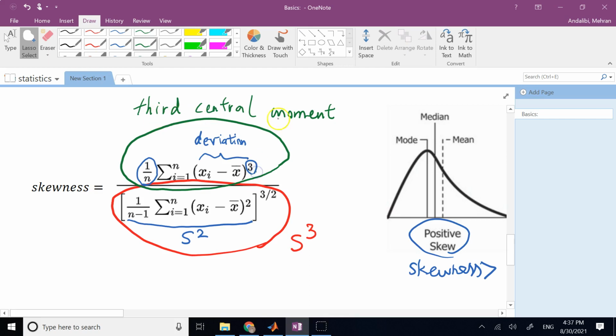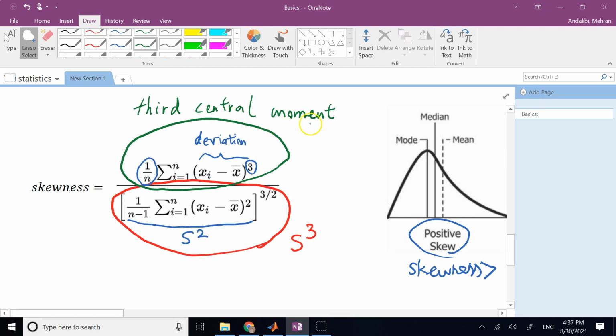So if it's 3, we call it third moment. If it's 2, second moment. If it's 4, fourth moment. If just the data itself, xi, is raised to that power, we just call it the moment. If the data is subtracted from the average and then raised to the power, then we call it the central moment.